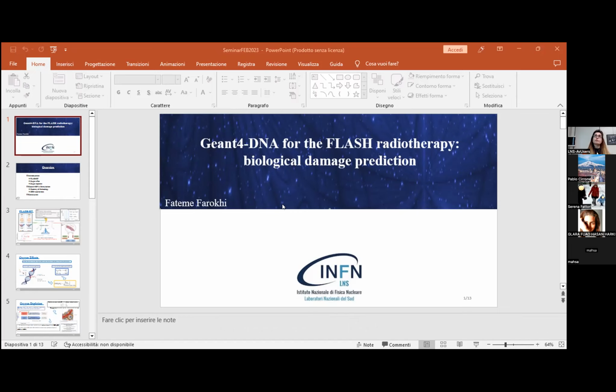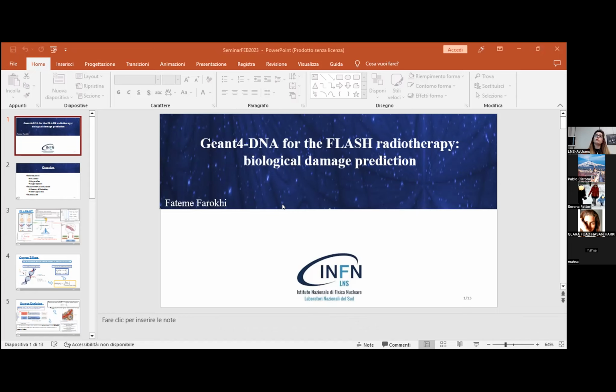The in vivo experimental evidence showed significant sparing of normal tissue with this kind of irradiation. It can permit the delivery of a significant dose to the tumor, because this causes an increase in the therapeutic window.